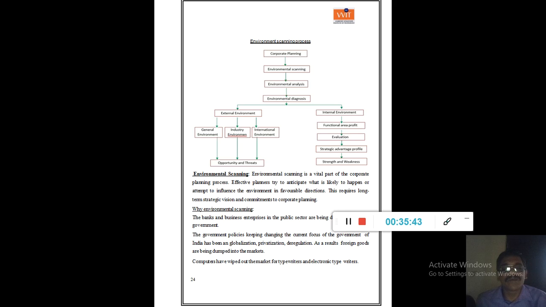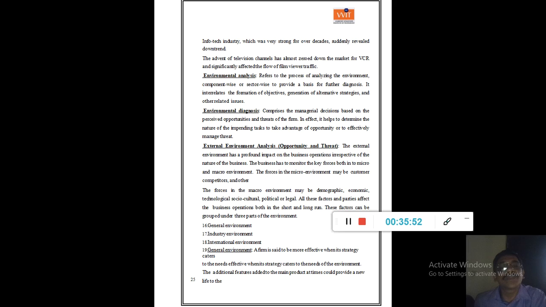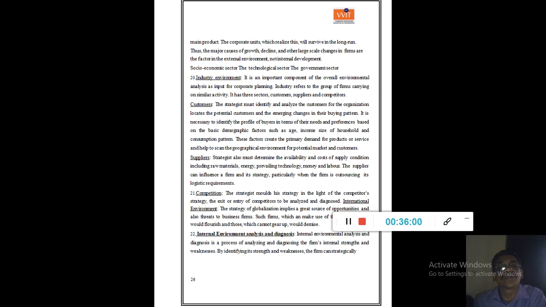Now you just see the environmental scanning, environmental analysis, environmental diagnosis, external environment analysis. Then you have the industry environment.